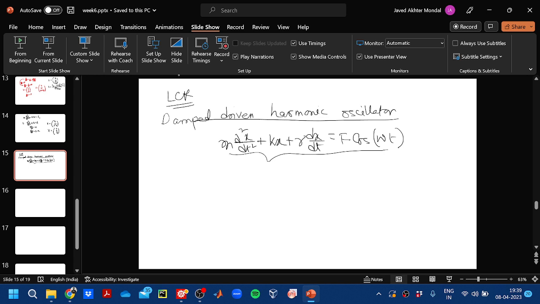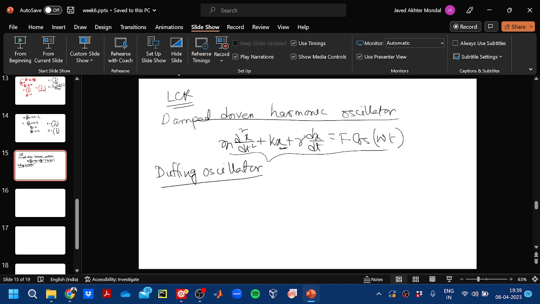Have you ever heard of this damped oscillator? No, sir. So in this damped oscillator, as you can see here, the x term is linear.